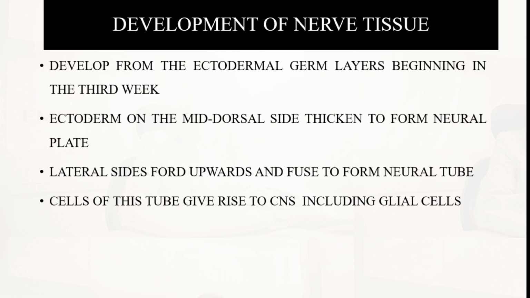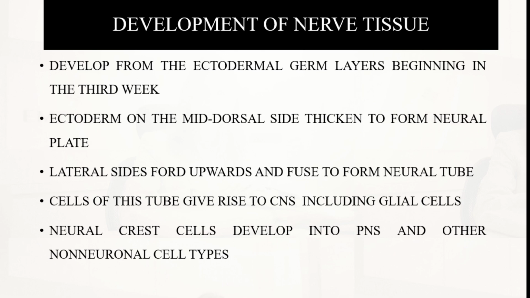Then the cells of this tube give rise to the CNS, including glial cells. Then the neural crest cells develop into the PNS and other non-neuronal cell types. CNS is central nervous system, and PNS is the peripheral nervous system, for those who don't know that.